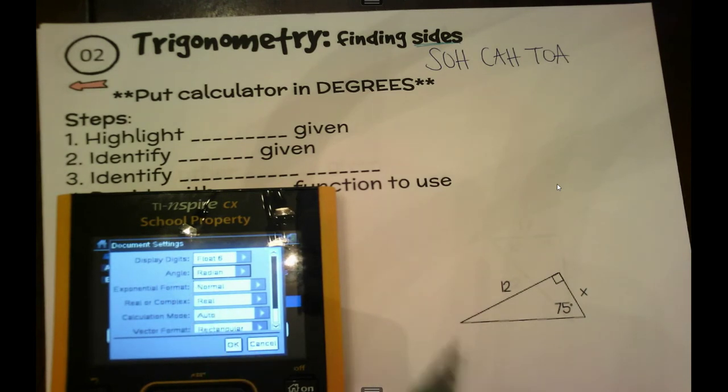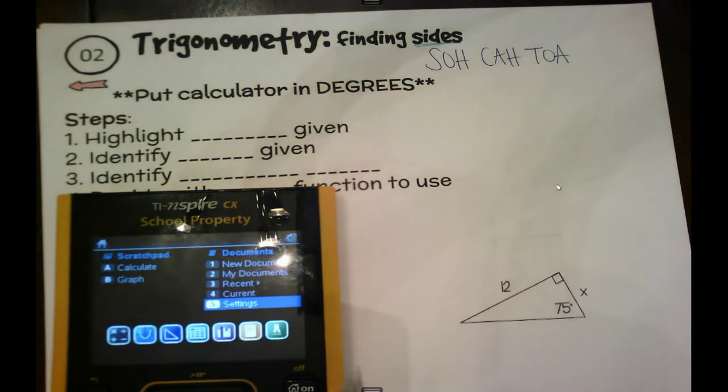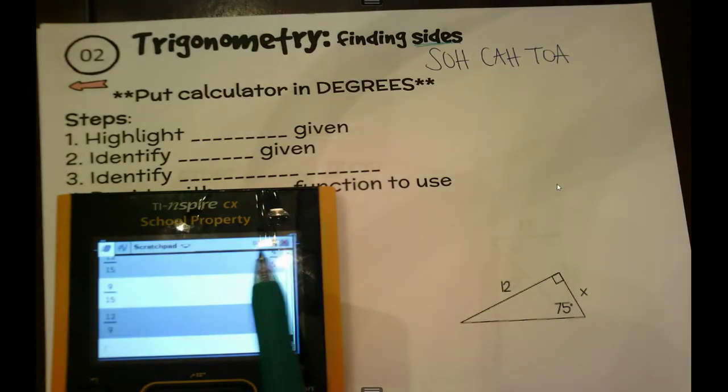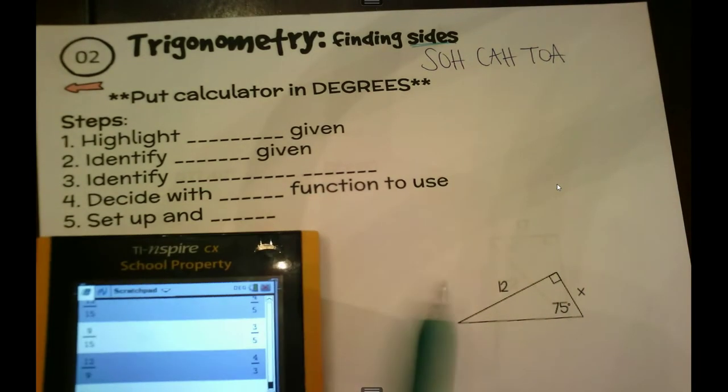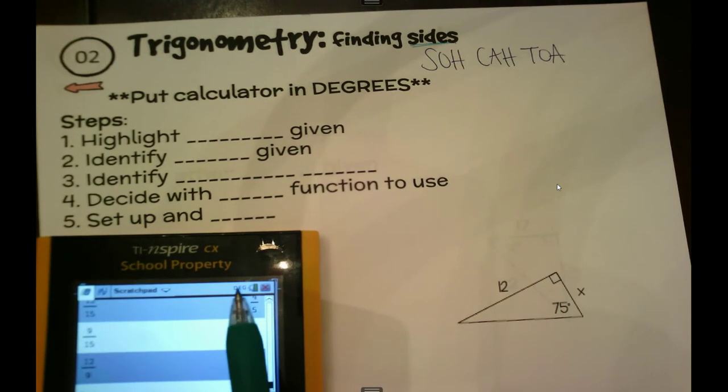It's really hard to see, but it says radian. We want to push the right arrow and go down to degree, hit enter, and X out of that. Now you see my calculator is in degrees. We want to make sure that it says DEG. If it does not, then you need to go change it.